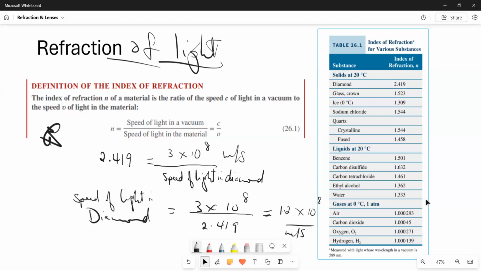I said almost, I didn't say the same. So do you get that? Simple definition. Sometimes instead of saying index of refraction, you hear people say refractive index. Some textbooks use the phrase or the term refractive index instead of index of refraction.